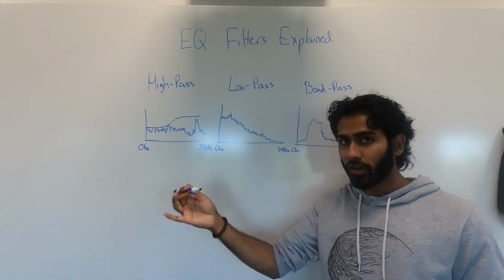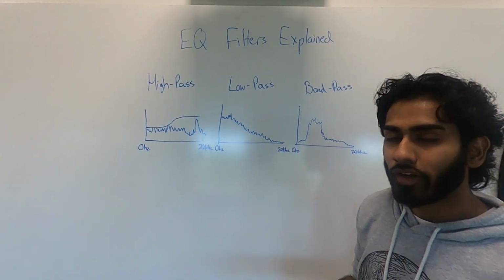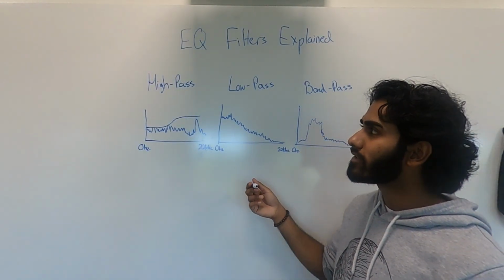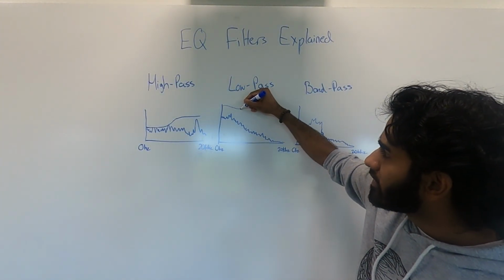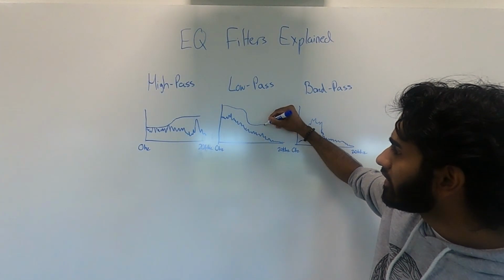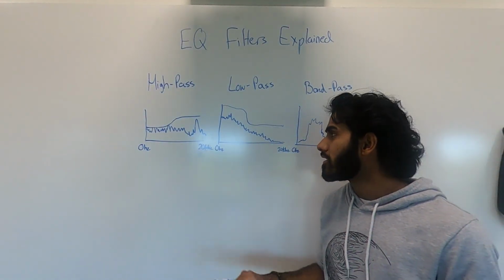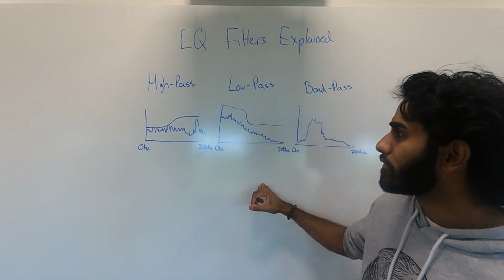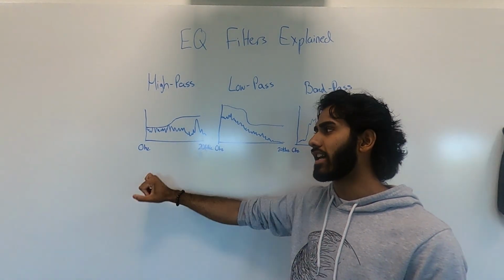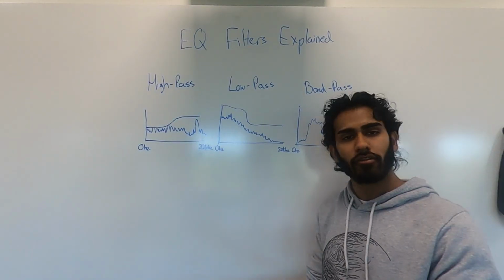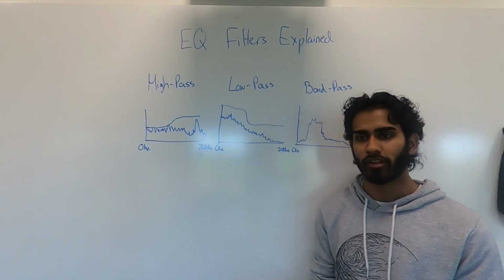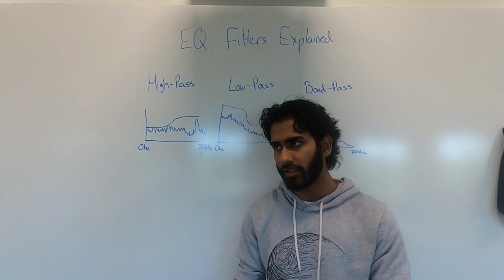Now, a similar concept is a low pass filter. You guys can probably guess what that's going to do. A low pass filter is going to let the lows pass, but it's going to make the highs either decrease or go away entirely. So what is this useful for? This is useful for the exact opposite situation as a high pass filter. A low pass filter is for your bass, for your kick, for if you have some really deep synth bass, sub basses.